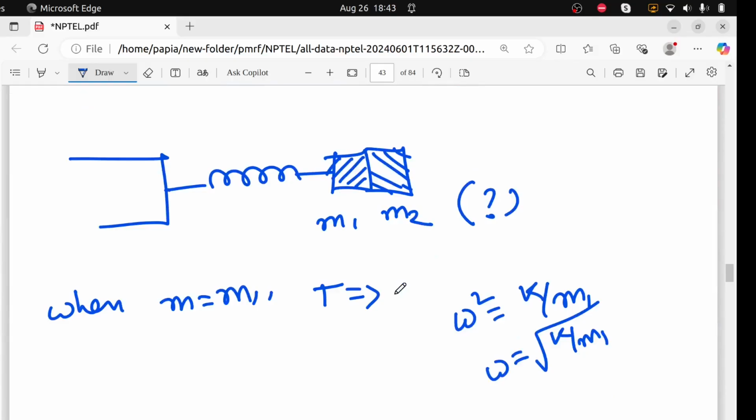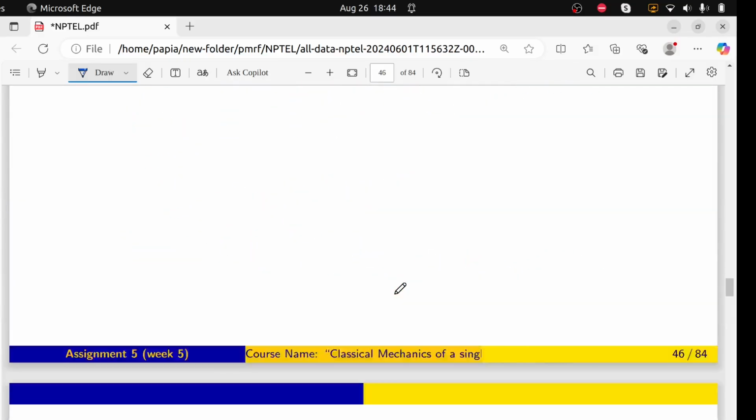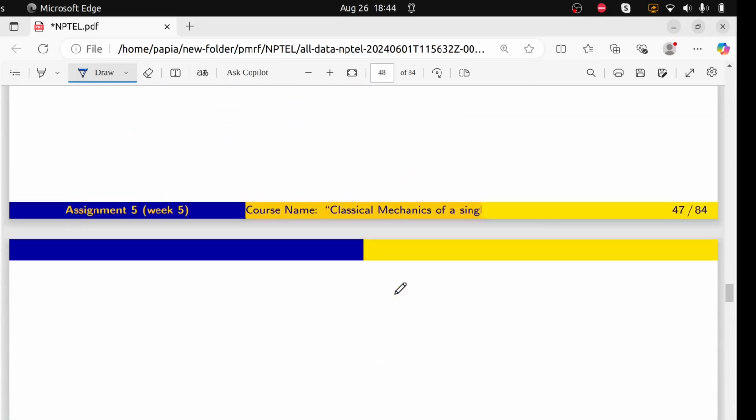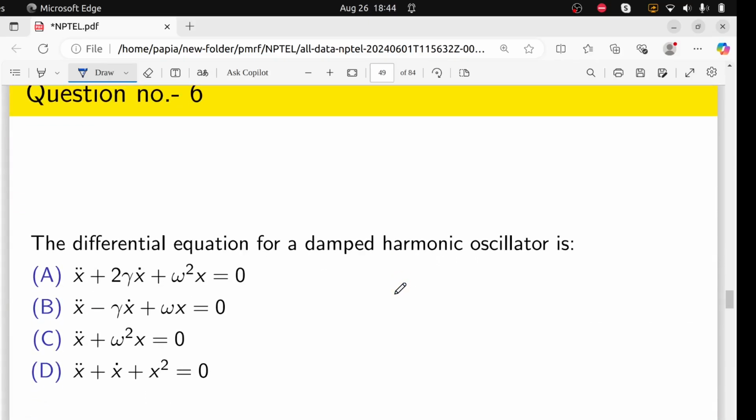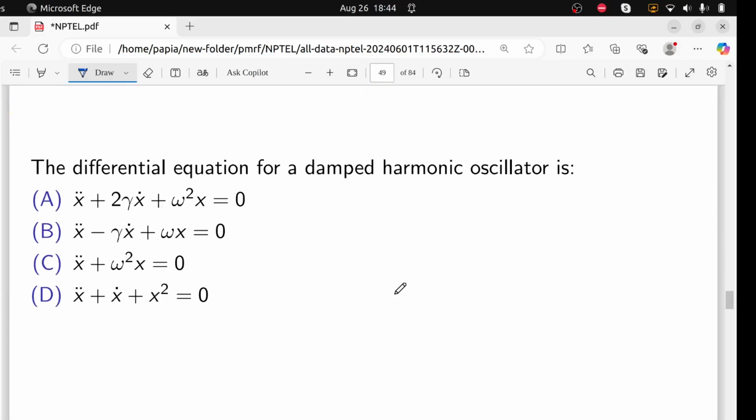Now coming to the next question. The differential equation for a damped harmonic oscillator is, okay, this is a very simple question because Sir already explained in this lecture what the differential equation for a damped harmonic oscillator is, and he also solved that one.